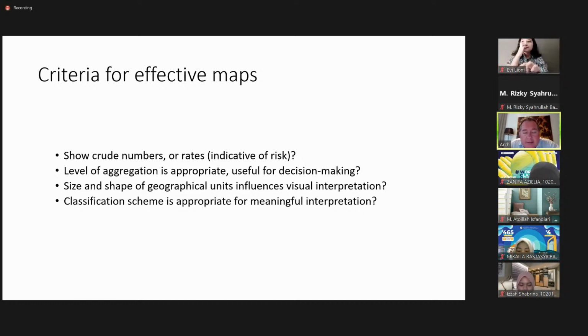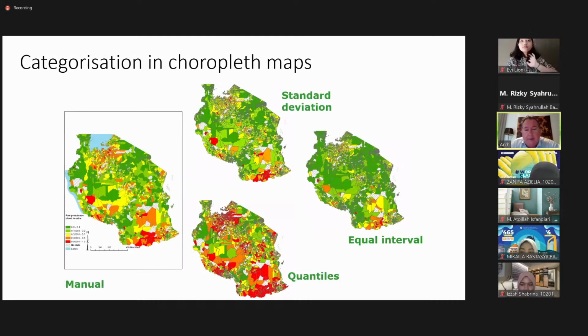And you need to ensure that the classification scheme is appropriate for meaningful interpretation. So that's what I was talking about earlier when I said the categorization on the map. And this is the slide that I was referring to. So again, we've got exactly the same data. So here's the map on the left that I showed earlier. This is a map where I've manually defined the classes or the categories.